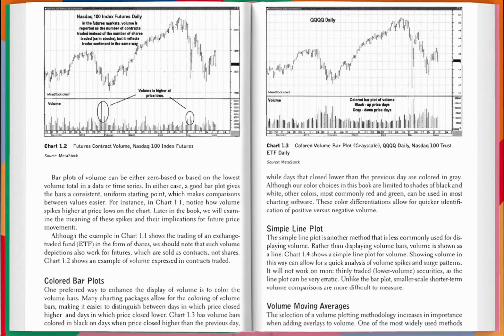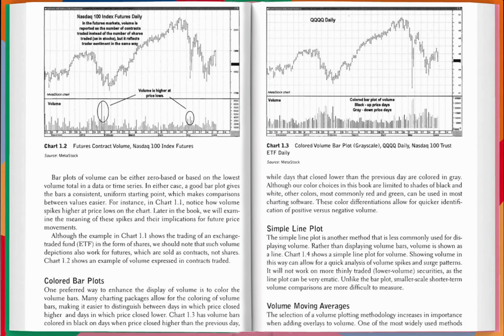Chart 1.3 has volume bars colored in black on days when price closed higher than the previous day, while days that closed lower than the previous day are colored in gray. Although our color choices in this book are limited to shades of black and white, other colors, most commonly red and green, can be used in most charting software. These color differentiations allow for quicker identification of positive versus negative volume.